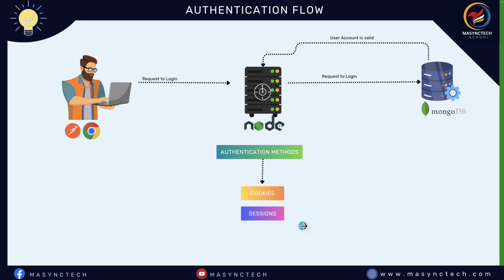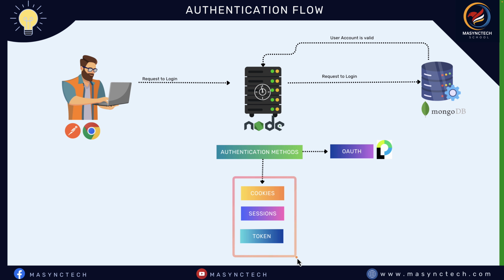And we can also use what is called sessions. And all of these also provide some identifier to the logged in user. And we can also use token-based authentication, or we can use OAuth. And that is, we can use third-party libraries like Passport. But for this, we are going to focus on these three authentication methods.